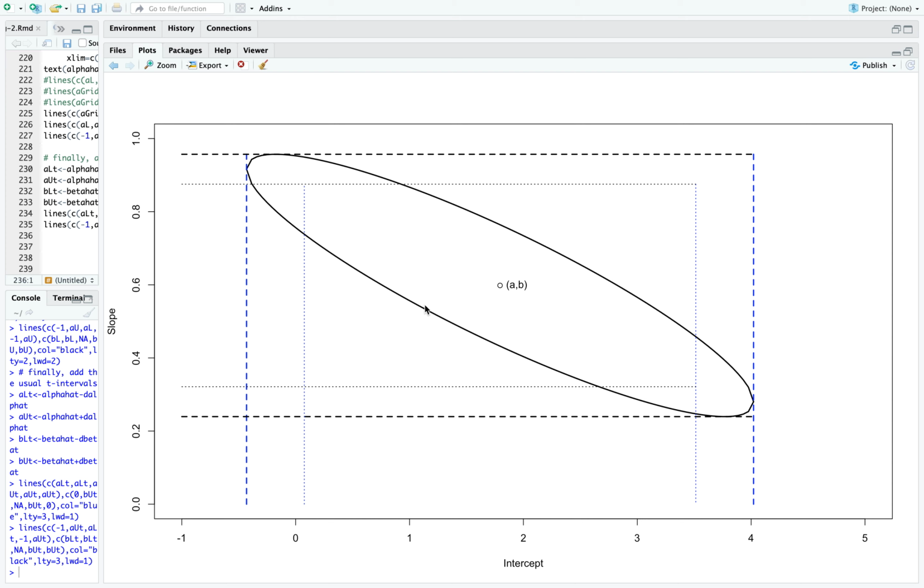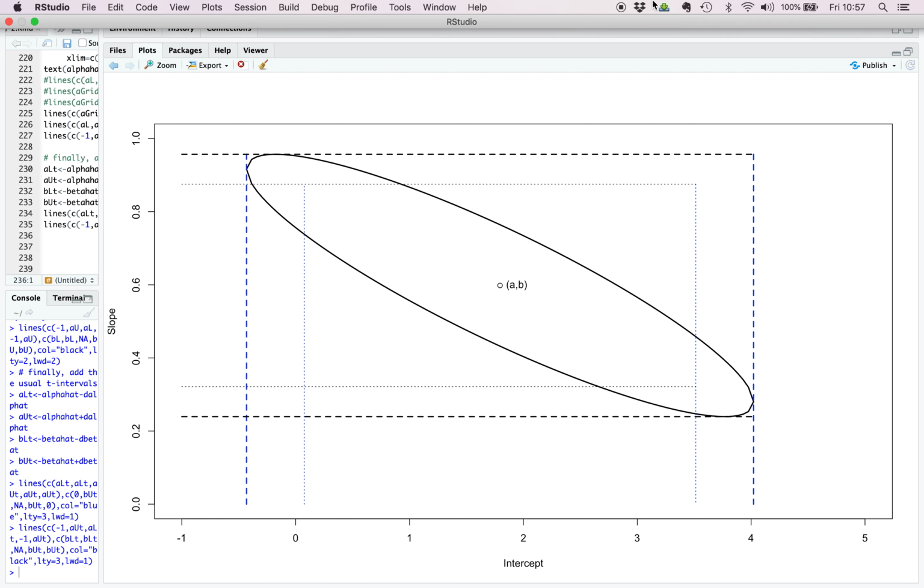So that's the relationship between the Scheffe confidence bands, which are these outer ones based on Scheffe's ellipse, and the regular T-based confidence sets, which only work for one at a time.